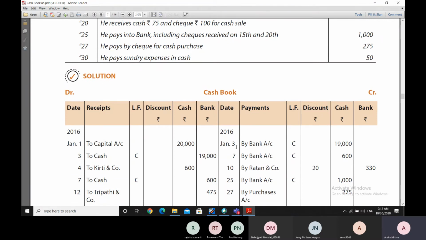and we are seeing here that there is an entry on January 3 on the credit side, and there is an entry on January 3 on the debit side also. On the debit side we are writing the receipts of cash, and we are seeing that cash is being received in the bank of 19,000.